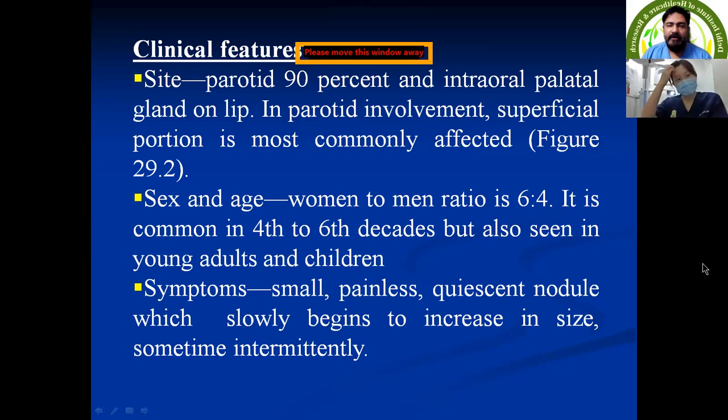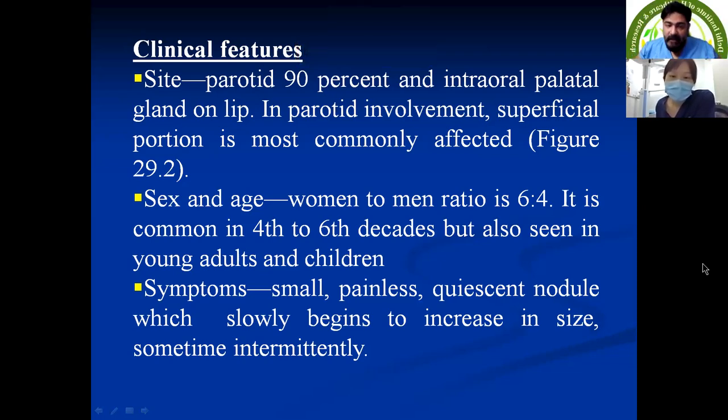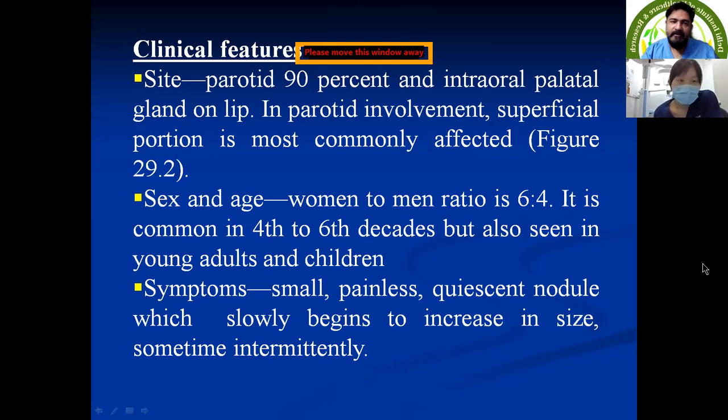It is common in the 4th to 6th decades, but can also be seen in young adults and children, though it is rare in those cases. Symptoms: a small, painless, quiescent nodule which slowly begins to increase in size, sometimes intermittently.